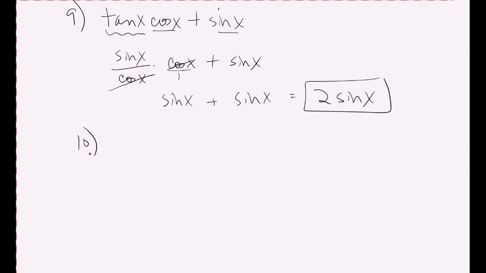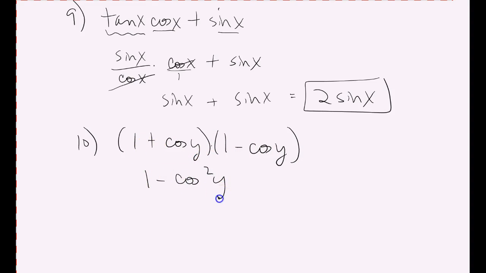Simplify the following expression using Pythagorean. Okay, they kind of gave you a hint. If they're saying Pythagorean, they're saying that they want something to be squared eventually, okay? So based on that, look at this problem. This is kind of like the one I did in notes. Immediately you should think FOIL, and when you FOIL, you're going to get that. Now, if you look at this and you look at all those formulas on your paper, there is a formula for this, and it says that it equals sine squared of y.